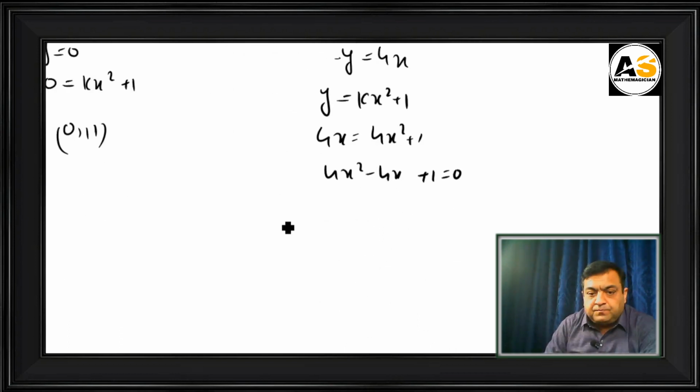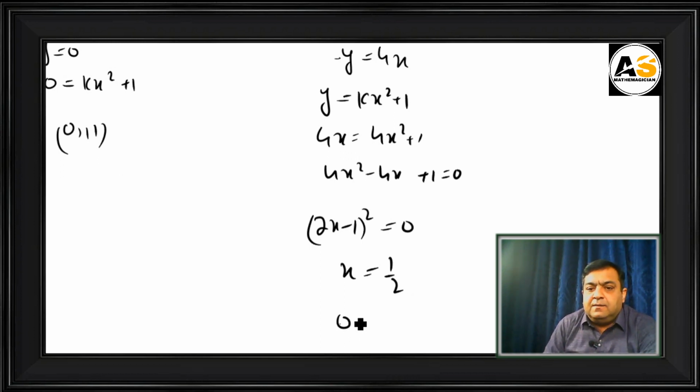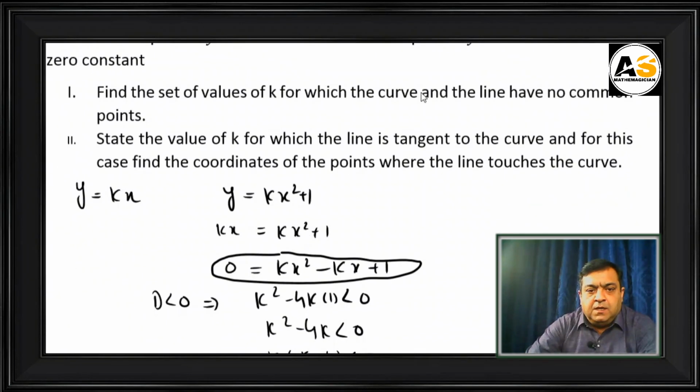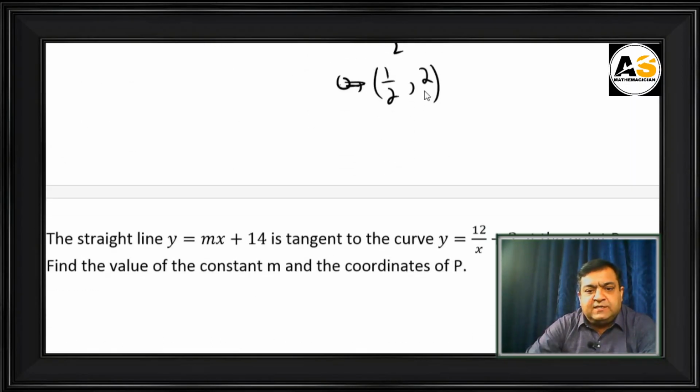It means 2x minus 1 whole squared is equal to 0, x is equal to 1 by 2. Putting x equal to 1 by 2, we get y is 2. So the second intersection point is 1 by 2, 2. These are the two intersection points for two different values of k. This was the third question. Let us move to our next question.